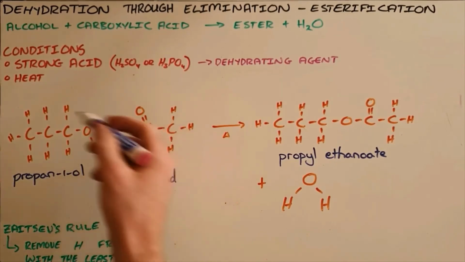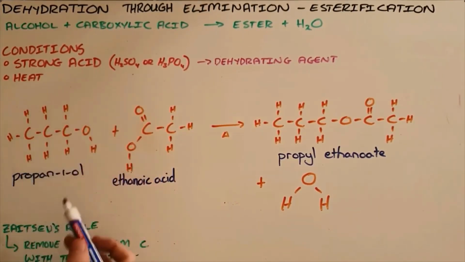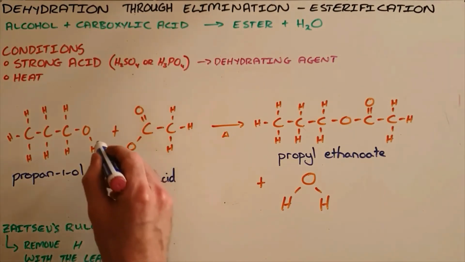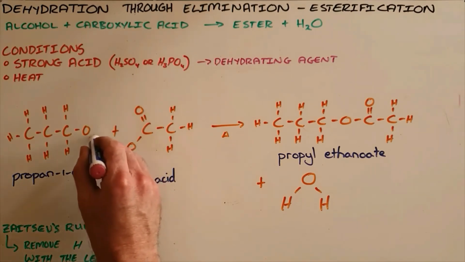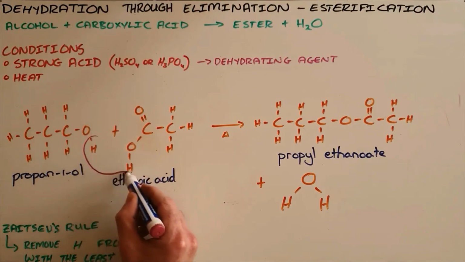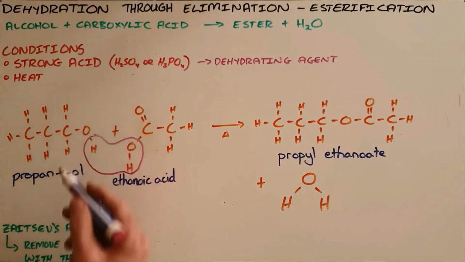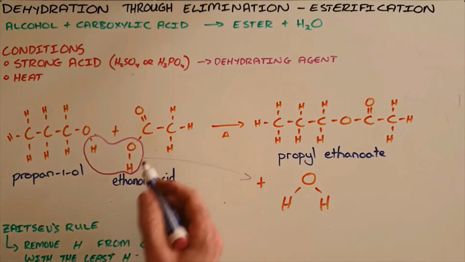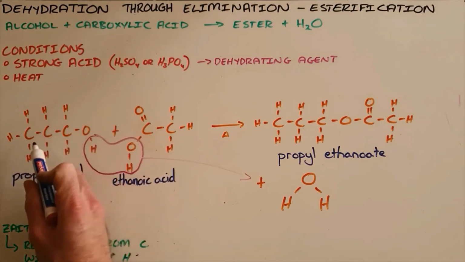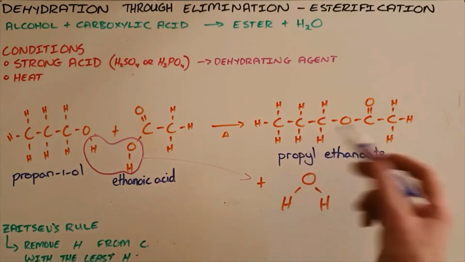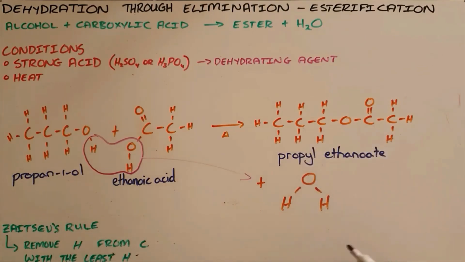So in an esterification reaction we have an alcohol. In this example we have propan-1-ol that reacts with a carboxylic acid. Here we have ethanoic acid, and the alcohol is then seen to lose its hydrogen of the hydroxyl group, which combines with the hydroxyl group of the carboxylic acid that goes to form the water molecule that is removed, and then the remainder of these 2 molecules attach to each other in the form of an ester, which we call propyl ethanoate.